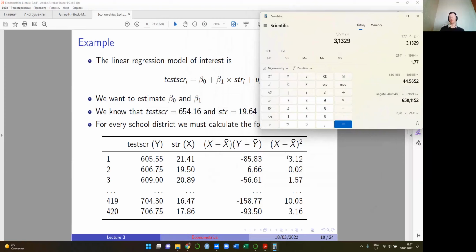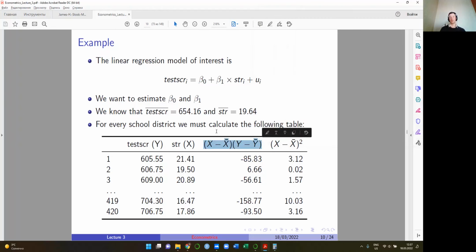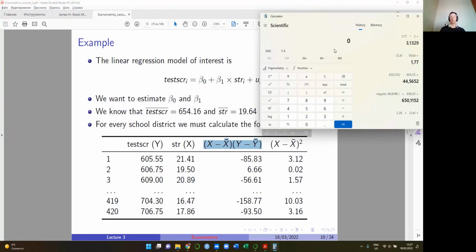Of course, the difference between this table and my calculation is because of the rounding. I was calculating these results with the most precise numbers, but here, because of the rounding, we don't get the perfect match. And this part is calculated in a similar way. We take x, 2141 minus average, 1964, and then we multiply this by y, 605.55, minus y bar, 654.16.